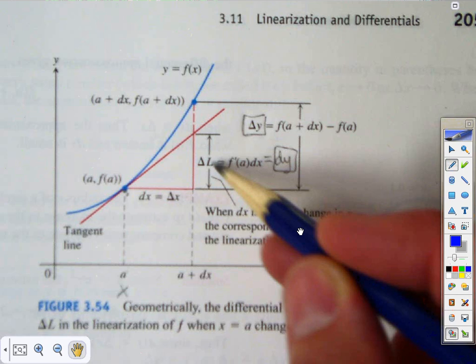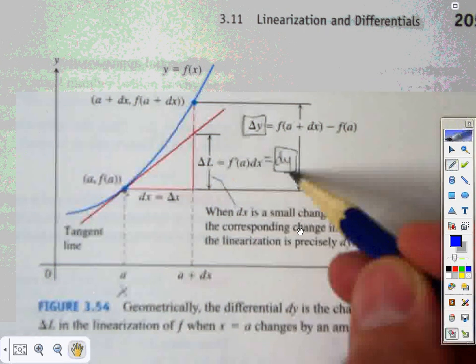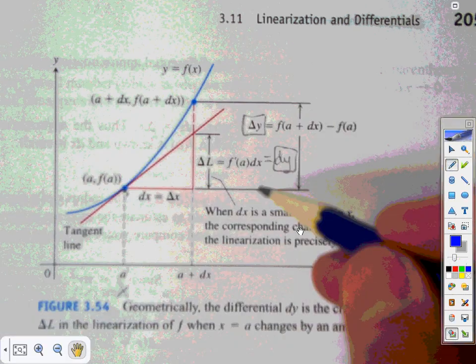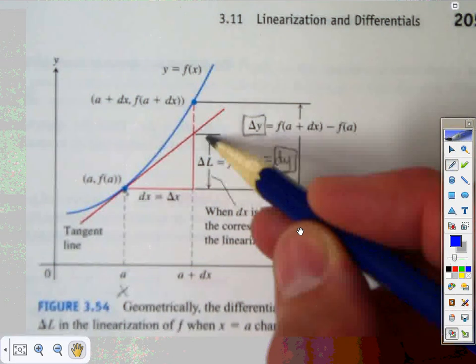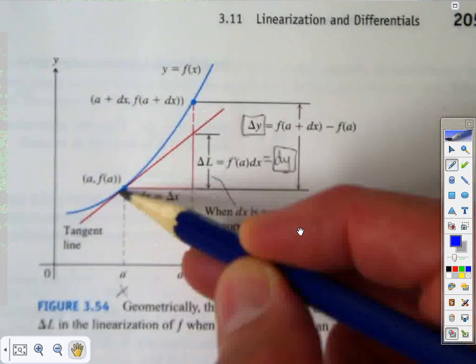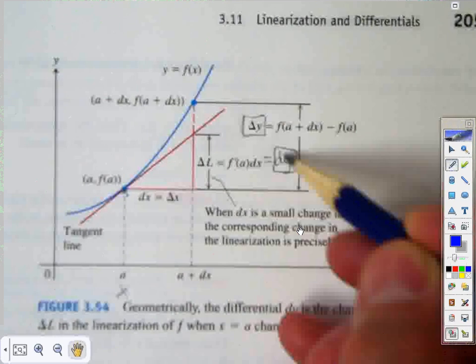We're going to call it dy. dy from your change dx unit, and it's the change along the tangent line. So that's dy.